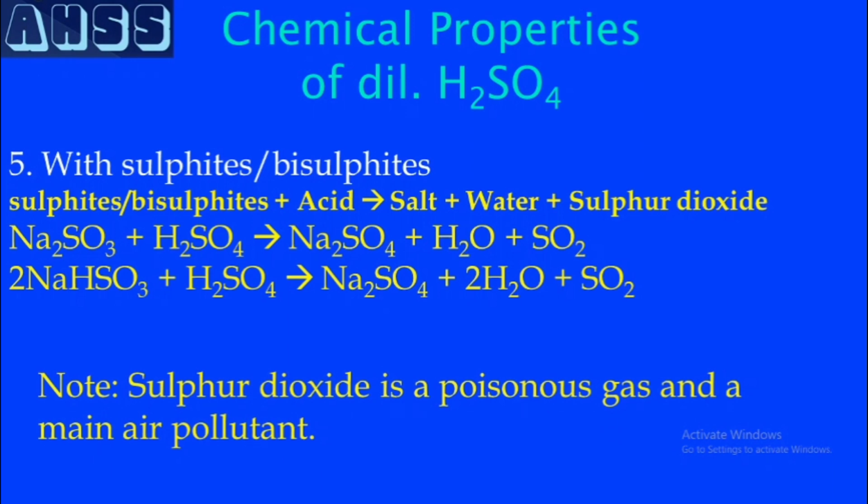You must know, while doing this experiment, that sulfur dioxide is a poisonous gas and it is responsible for polluting the environment. It adversely affects human health and vegetation, and that is why you must be careful while doing this experiment in the lab.